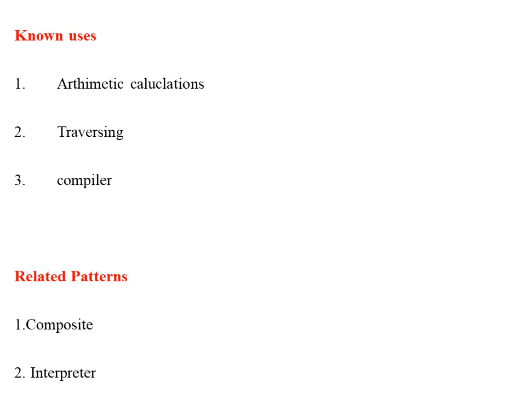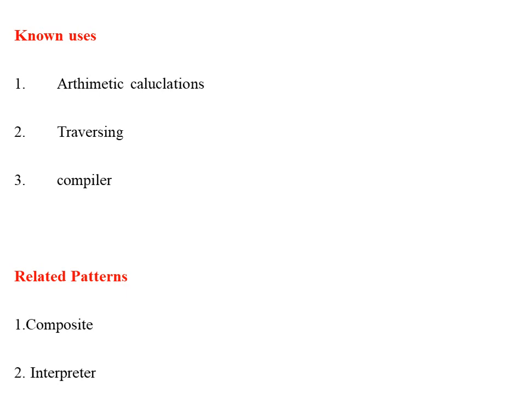That's why this is also a real-time example for the visitor pattern. Next, the compiler. The compiler is also a real-time example, where we use the object structure to be operated on. So the compiler also acts as an example for the visitor pattern. So these are the known uses.